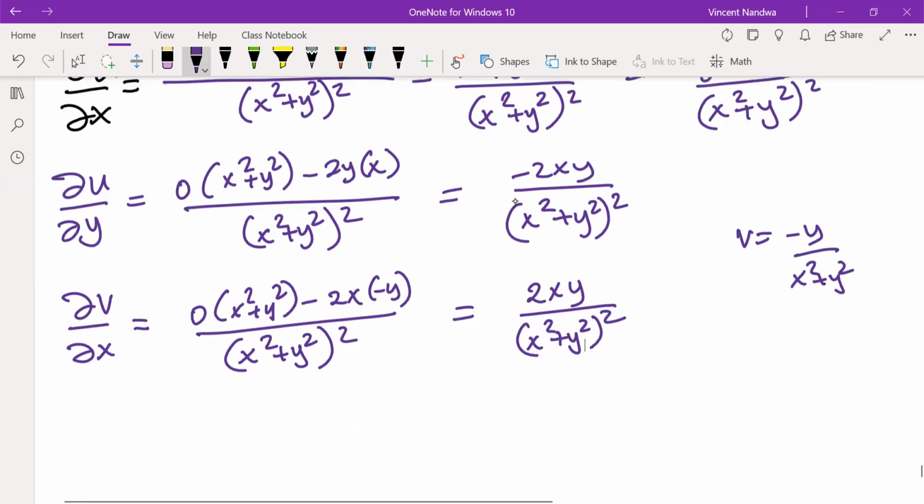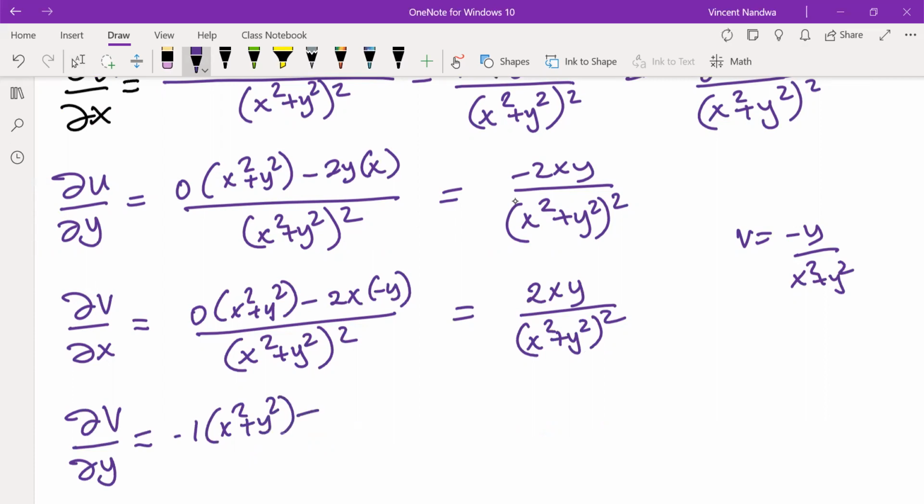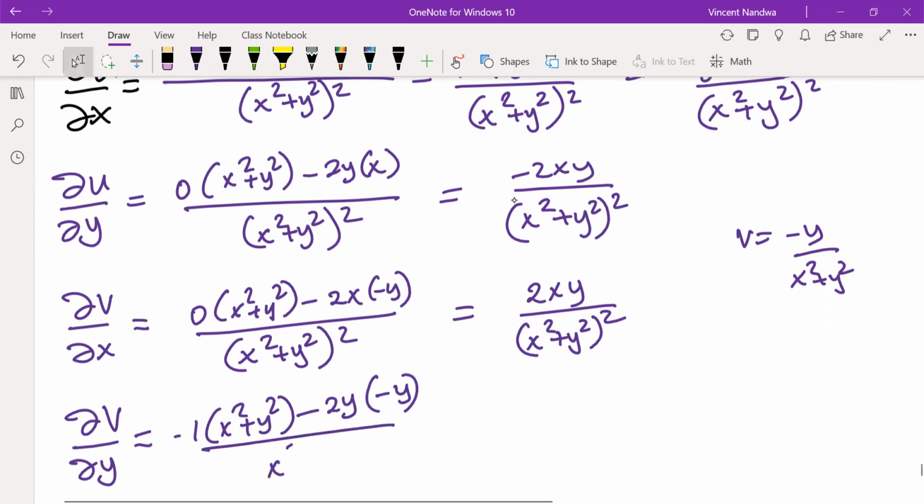And then lastly, partial v, partial y. u prime is minus 1 times x squared plus y squared minus v prime, which is 2y, times minus y, over x squared plus y squared, squared.